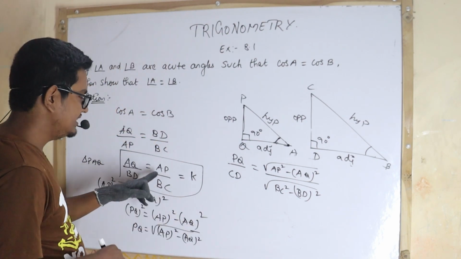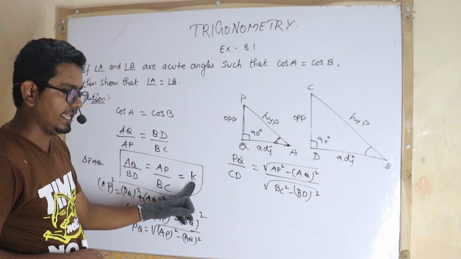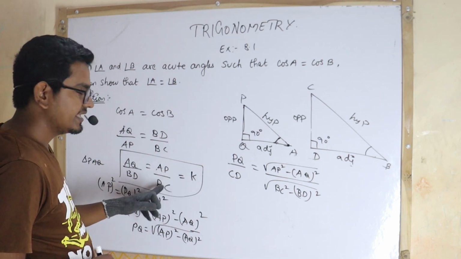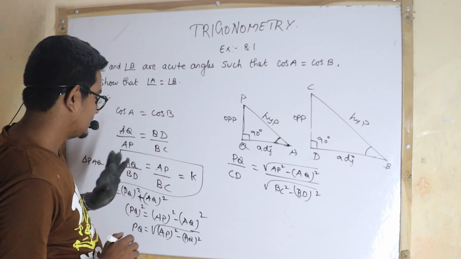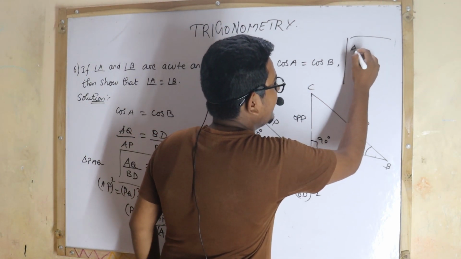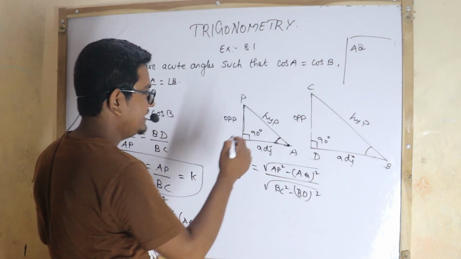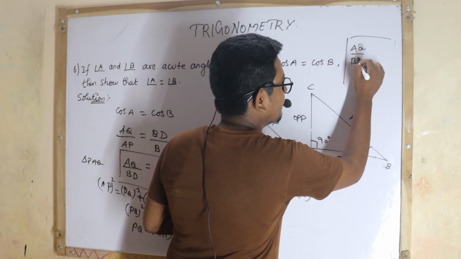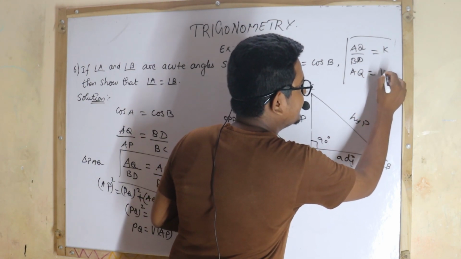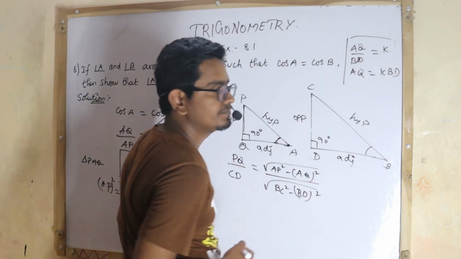Right. As you can see here, AP upon BC is equal to K. So instead of writing AP, I can also write it as K into BC. I have two expressions here. AQ upon BD is equal to K. Therefore instead of AQ, I can write it as K into BD.